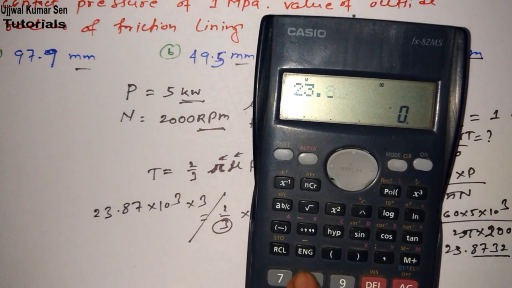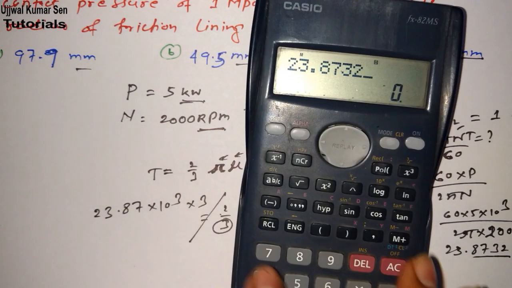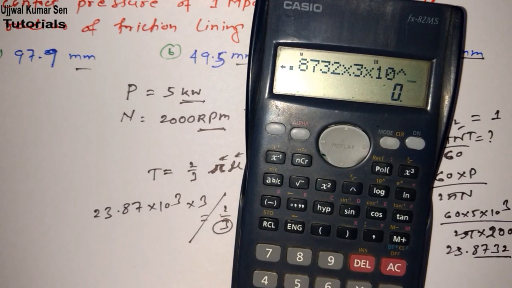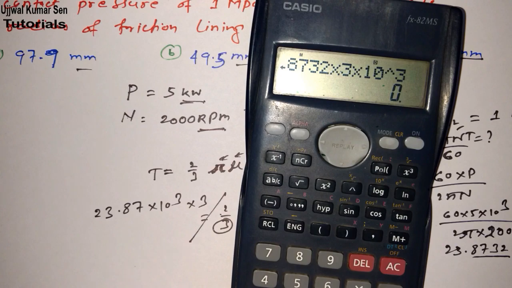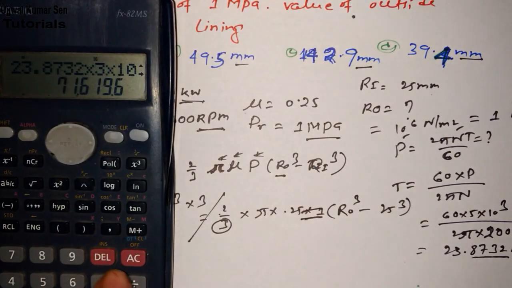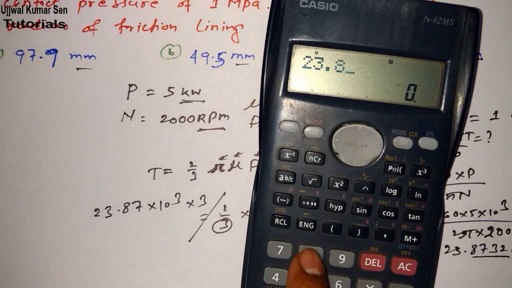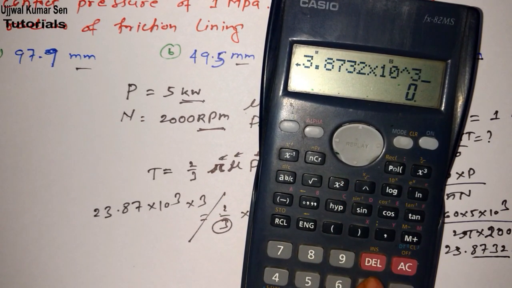So 23.8732 multiplied by 3 multiplied by 10 to the power 3. Okay, we did. Don't make mistakes in the calculation. 23.8732 multiplied by 10 to the power 3 multiplied by 3. Got it?